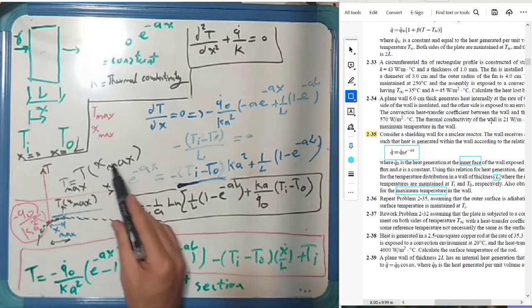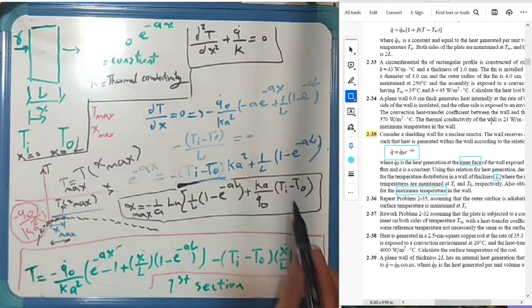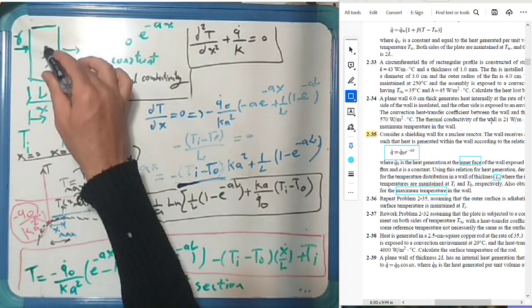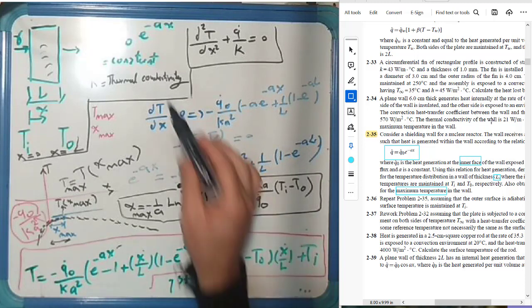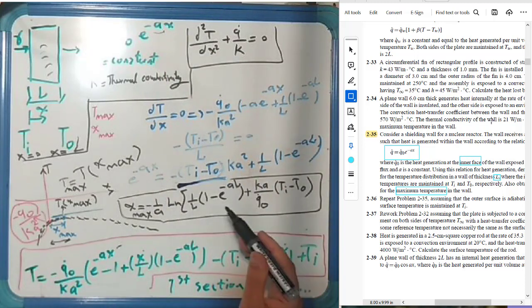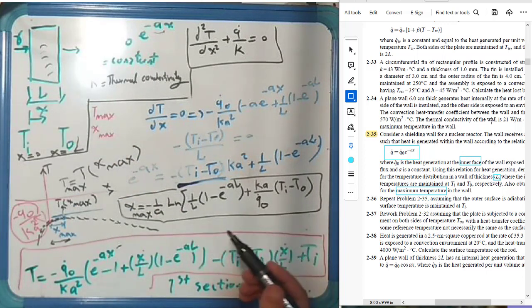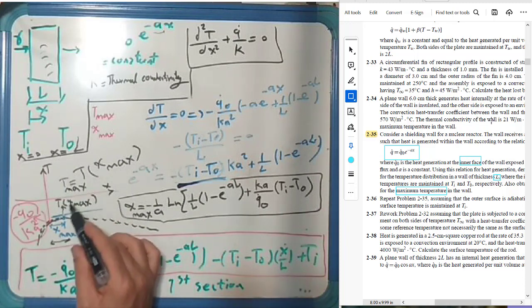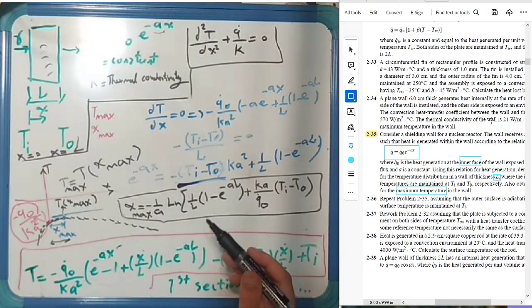This is related to To, the temperature of the outside wall, and Ti, the temperature of the inside wall, the thermal conductivity of the material, Q dot O, a constant A, and L, the thickness of the wall. If we find X and put it inside this formula, we are able to find the maximum temperature in the wall.